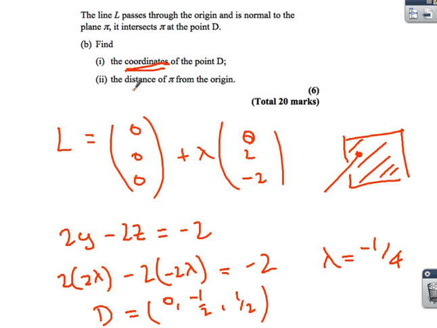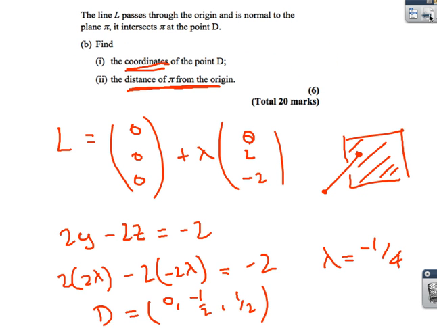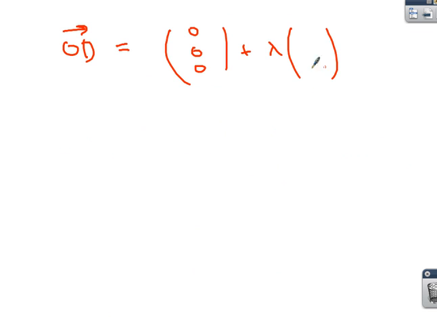And then the last thing, it's asking me for the distance of the plane from the origin. Well, the distance, remember this line has gone through the origin. So if I simply work out, first off, the vector OD, well, the vector OD is 0, 0, 0 plus some kind of lambda lots of, and this is here 0, minus a half, a half.